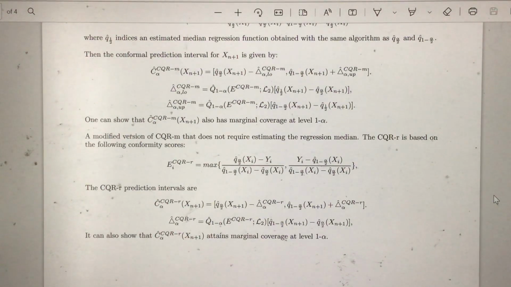That will be Q hat half of alpha minus triangle hat alpha CQRR, and the upper bound will be Q hat 1 minus half of alpha plus the triangle hat alpha CQRR. The triangle hat alpha CQRR will be the capital Q hat 1 minus alpha with E equal to R and L2, times the denominator. So this can also show that the C hat alpha CQRR attains the marginal coverage at level 1 minus alpha.